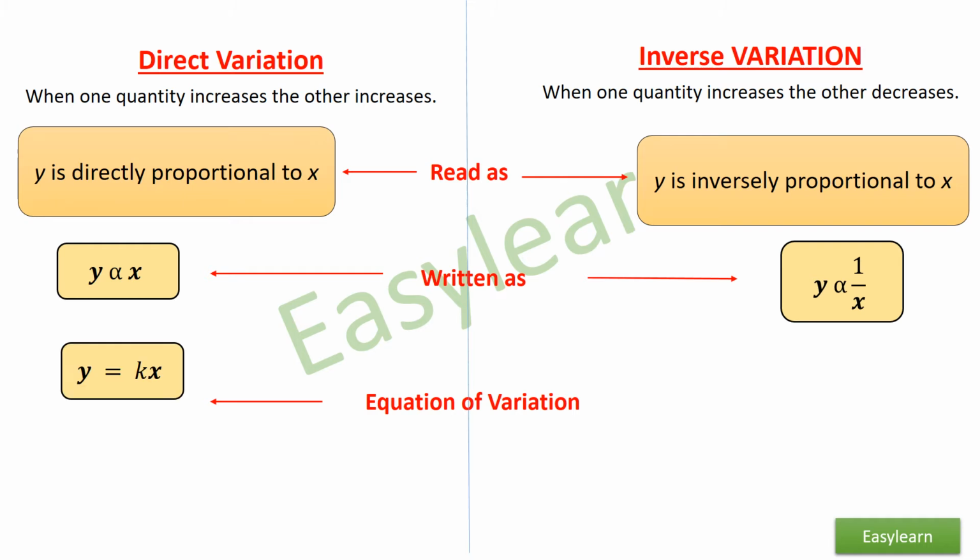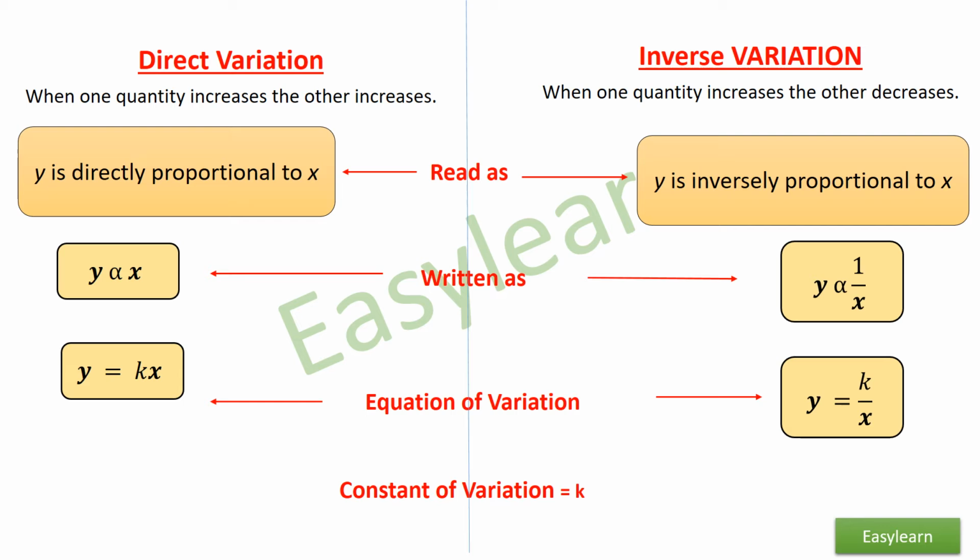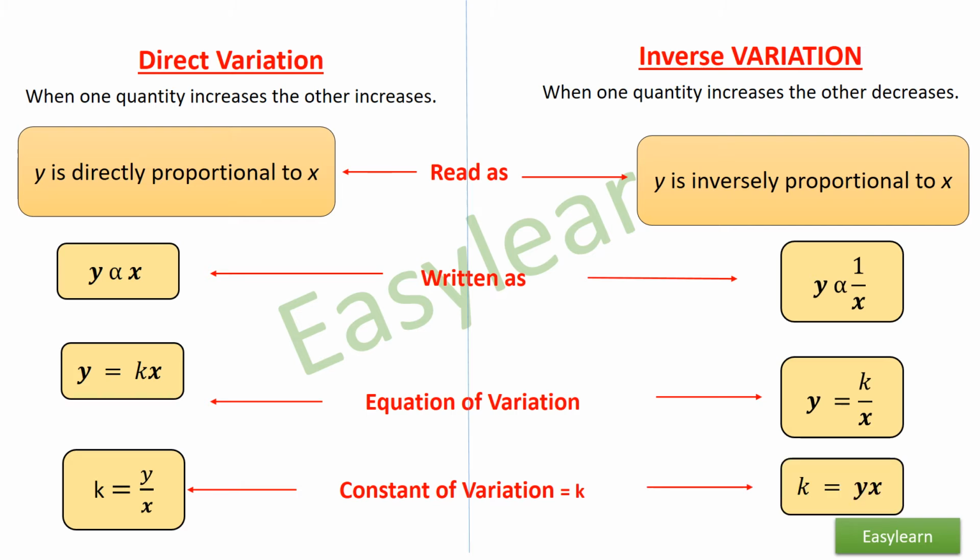For direct variation, the equation is y equals kx, and for inverse, the equation is y equals k upon x. The constant of variation, that is k, for direct variation is k equals y upon x, and for inverse variation it is k equals y into x. So this is the distinguished pattern of direct and inverse variation.